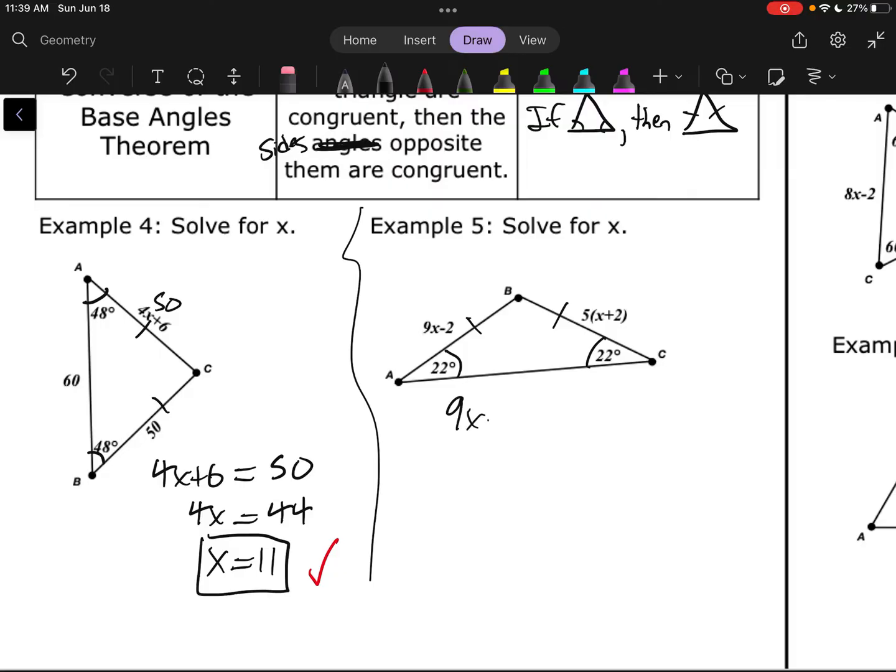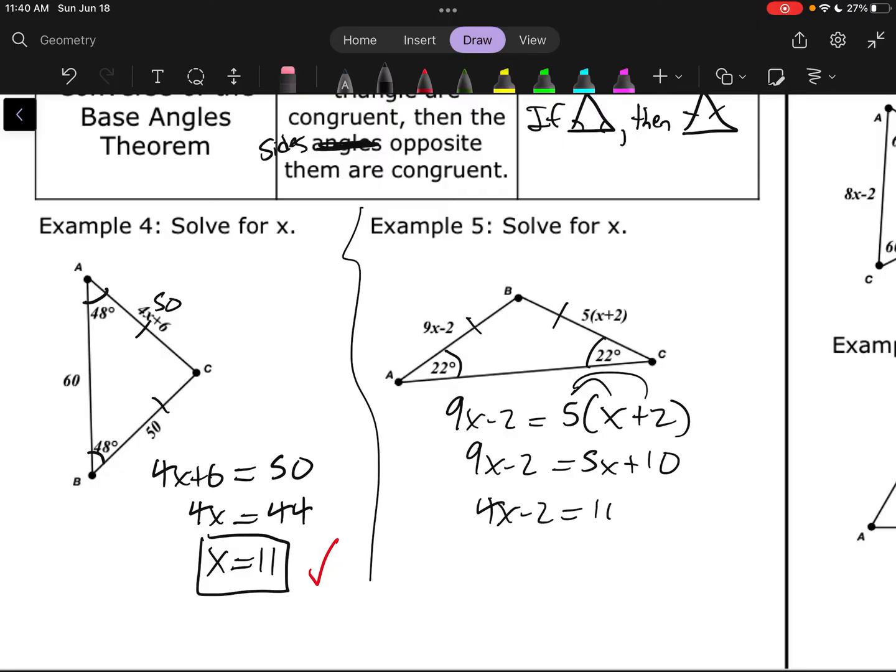So 9x minus 2 is equal to 5 parentheses x plus 2. 9x minus 2 is equal to, when we distribute, we get 5x plus 10. Subtract the 5x, we get 4x minus 2 is equal to 10. That'll give me 4x is equal to 12, which means that x is 3.